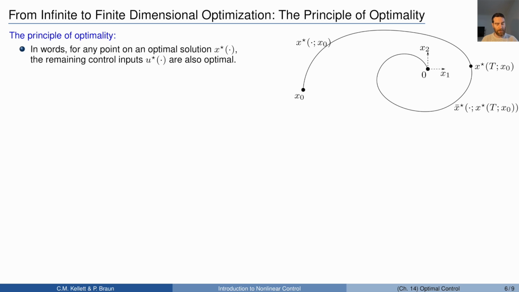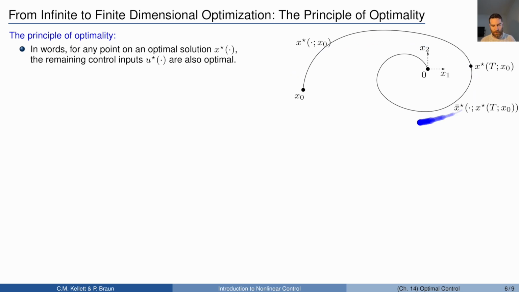So the principle of optimality, written in words here and then graphically visualized on the right. The principle of optimality says that for any point on an optimal solution x star of t, the remaining control inputs u star of t are also optimal.